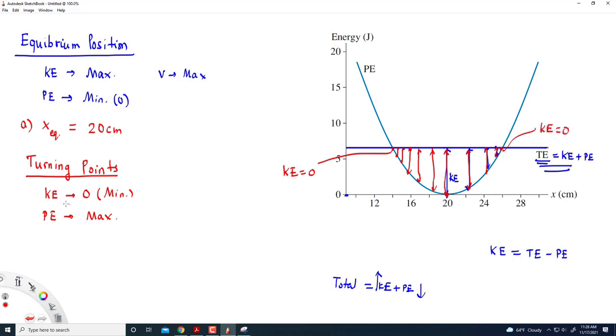And according to this property, wherever the kinetic energy is 0, that's the turning point. So turning points, x turning is this, which is 14, and this one, 26. Okay, so these are the turning points.